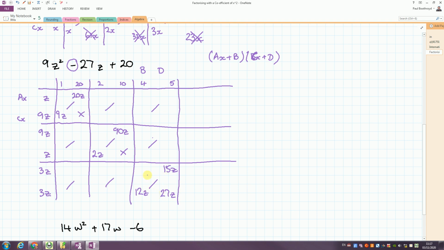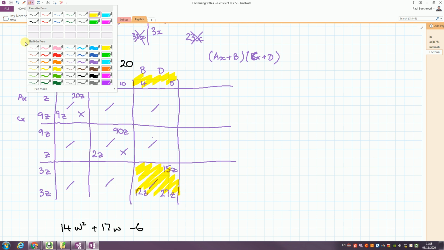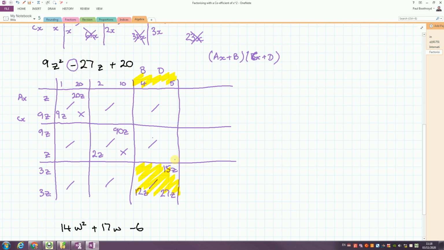If that's negative, I can either do everything in the row or anything in the column needs to change sign. So we'll just worry about that box. I want everything in that box to change sign. So when I add minus 12z and minus 15z, I get minus 27z. The 3z I would now need to multiply by minus 4, and the 3z there I would have to multiply by minus 5.